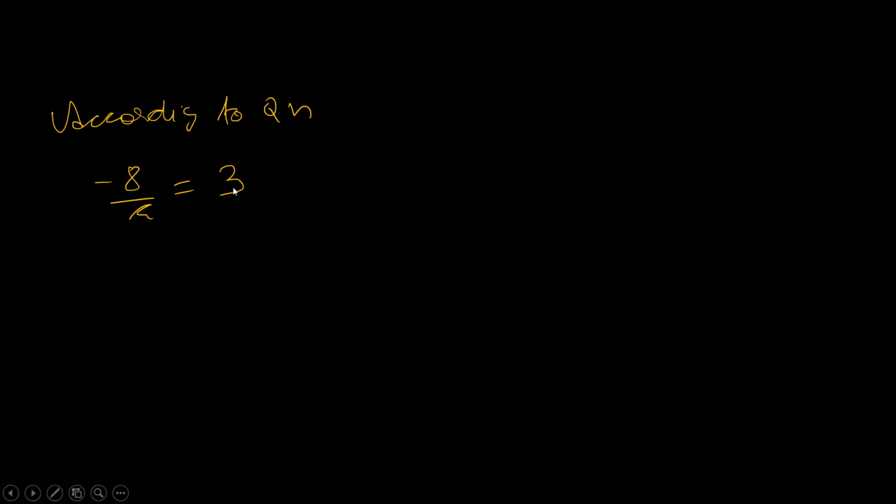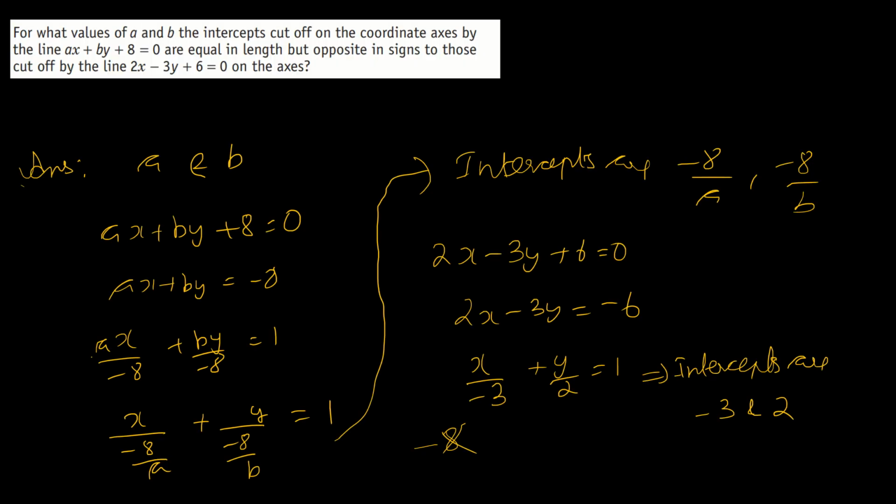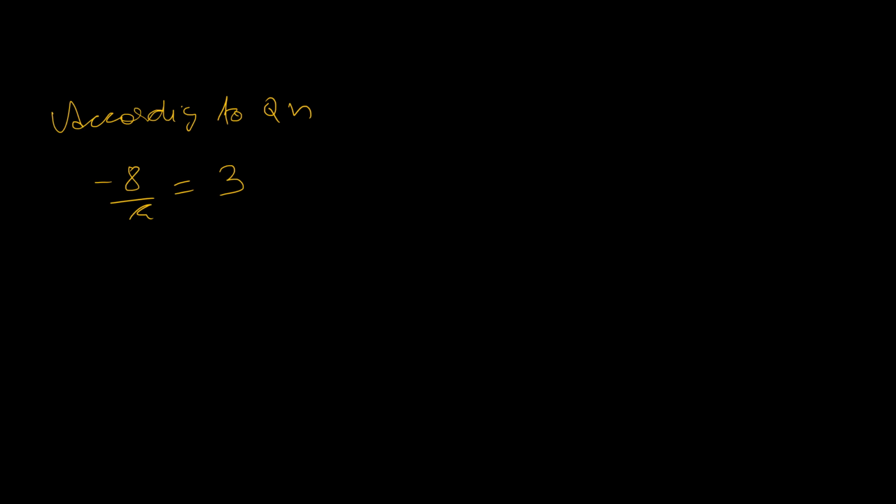Because in the question it is mentioned they are equal in length but opposite in sign to those cut off by the other line. That is, the signs will change. Either the sign of line 1 or the sign of line 2 will be changed, but here in this case I am just changing the sign of line 2. And the second will be like that: the x-intercept of the first line.